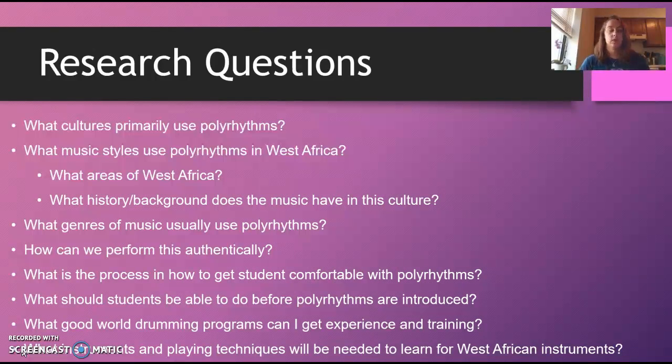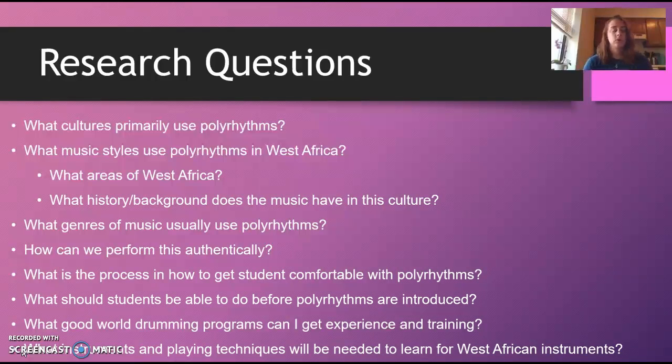What genres of music do we come by that already use polyrhythms? And then with any culture that we teach, one of the main questions I also had was how we perform this authentically. How do we be true to the culture and be respectful to the culture? And what resources would I need to help show authentic representation of this music?